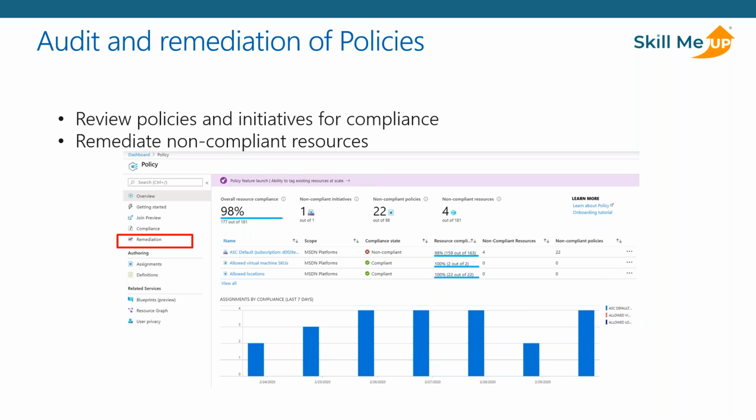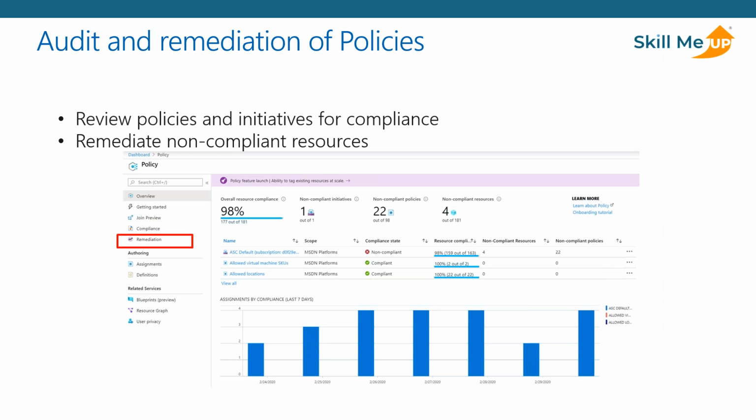Within Azure Policy, we have this remediation location, and in Azure Security Center you can review all this as well. So when a resource is non-compliant, you need to identify and resolve that issue through remediation.